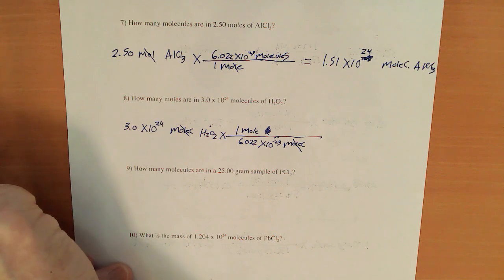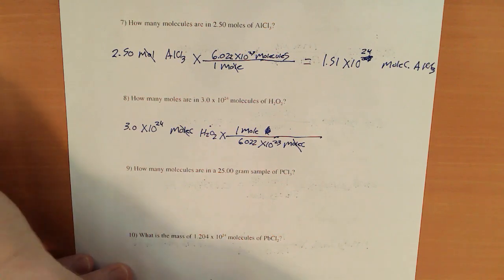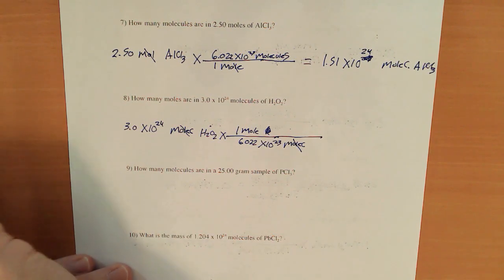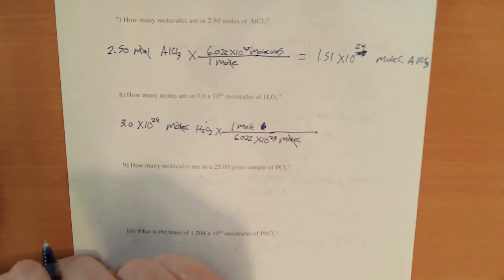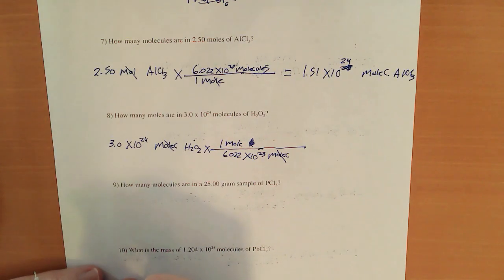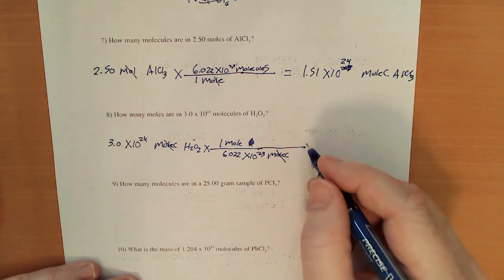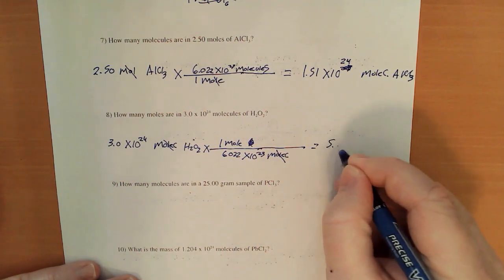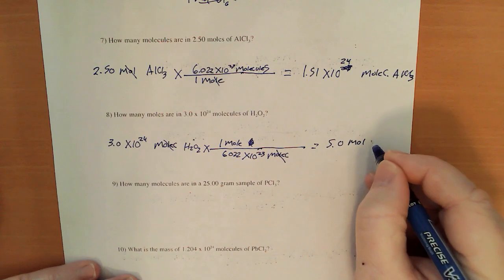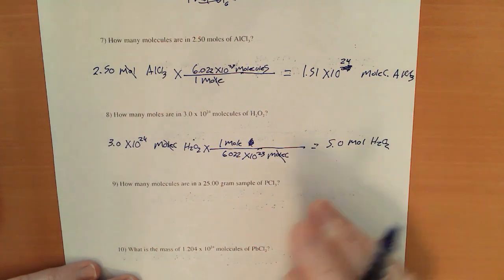Oh, you know what? I didn't type that right. Let me put that one in again. And I'm getting 4.9, let's see, 2 sig figs. So we're going to call that 5.0. 5.0 moles of H2O2.